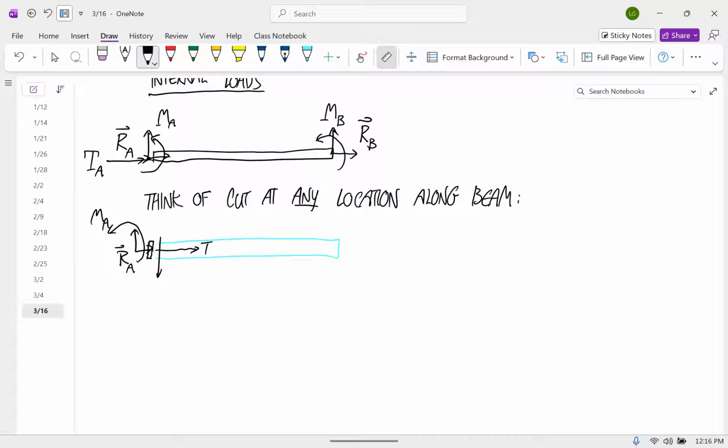So we have torque A, torque B. Okay, so then here's our torque A. And then we have the internal loads T, V, M, and fancy T. Okay, so that's if we said we want this cut to be at 0.005 meters from the left end.